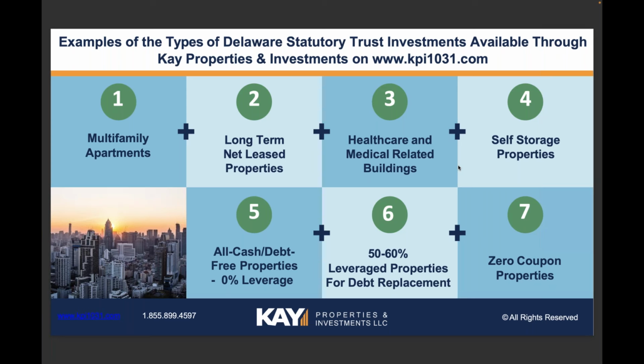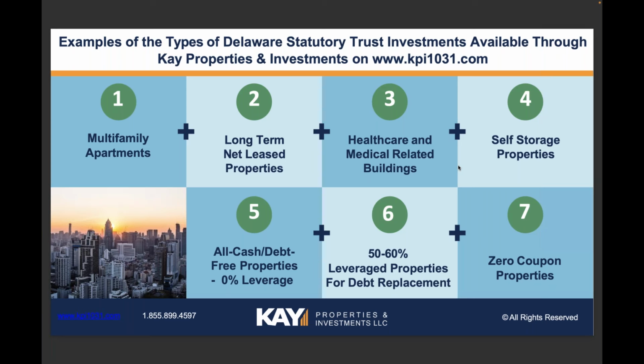So we've got a number of debt-free properties. We've got leveraged properties for those that want or need debt replacement for their 1031 exchange, typically 50 to 60% loan to value. And we've also got zero coupon properties for those looking for highly leveraged properties.